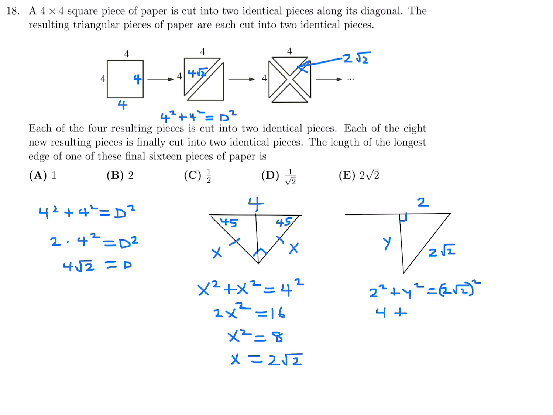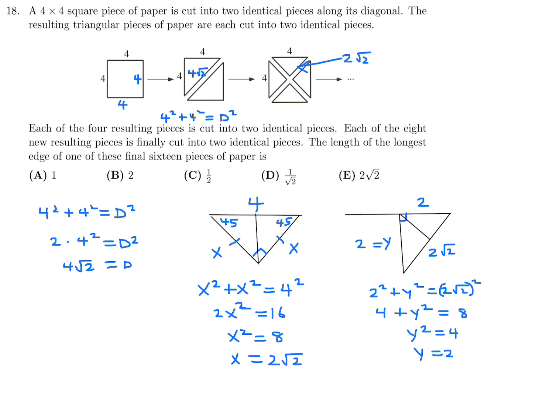So that's 4 plus y squared is 4 times 2, which is 8. Therefore, y squared is equal to 4, and y is equal to 2. Okay, y is 2.